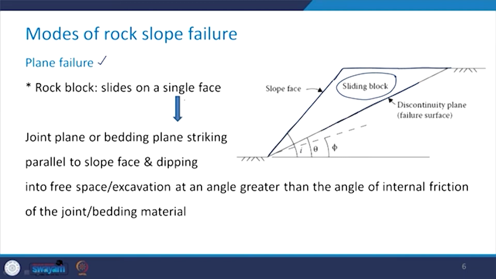Now, this single face can be a joint plane or a bedding plane which is striking parallel to the slope face and dipping into free space or excavation at an angle greater than the angle of internal friction of the joint or bedding material, which has been shown here as angle phi.